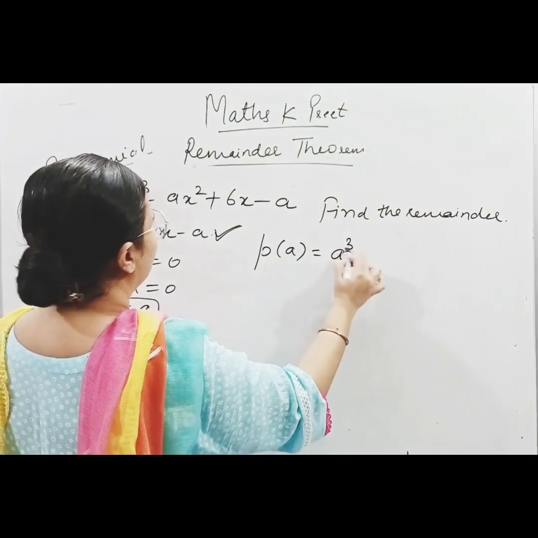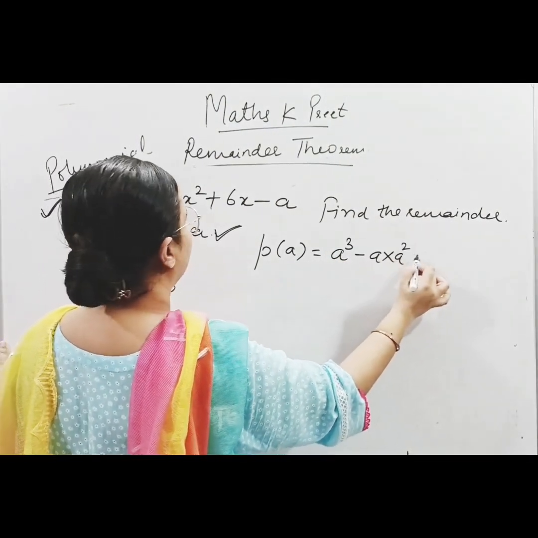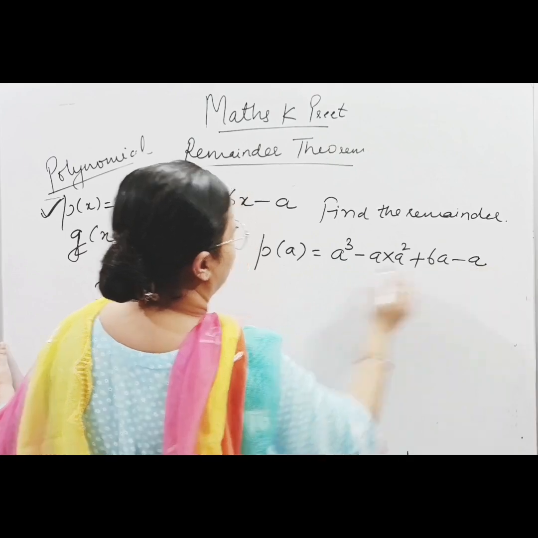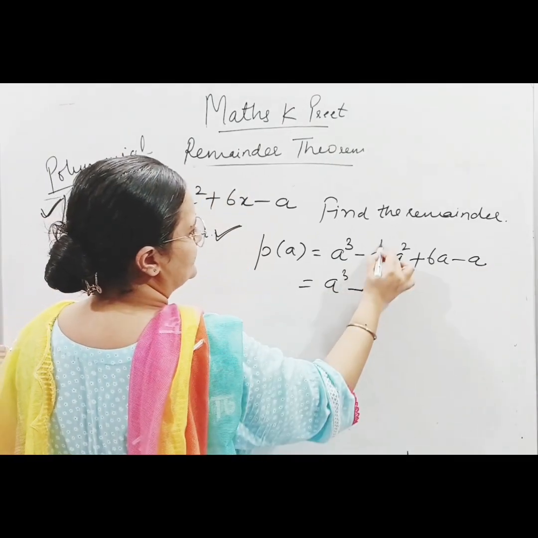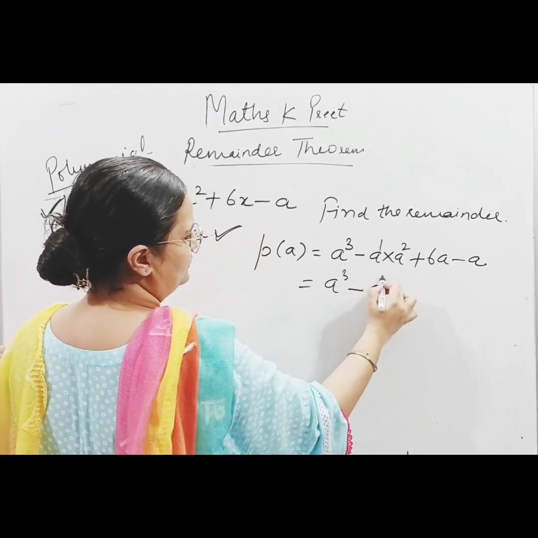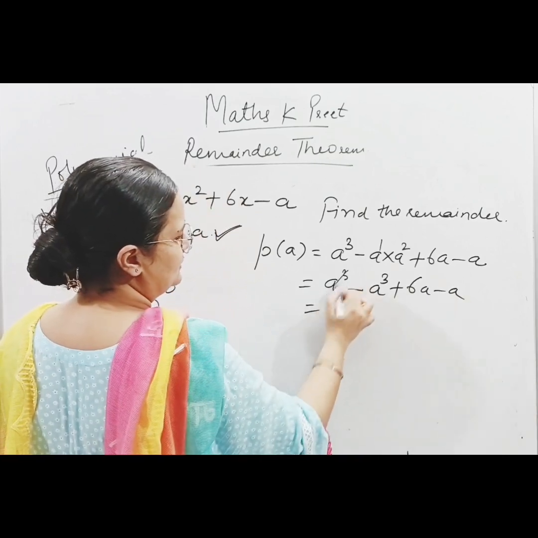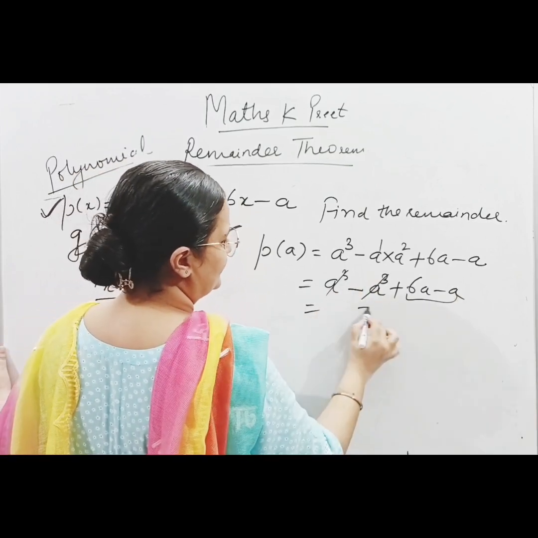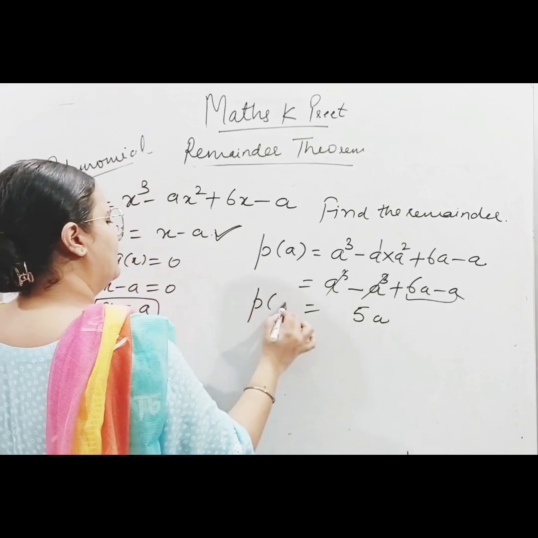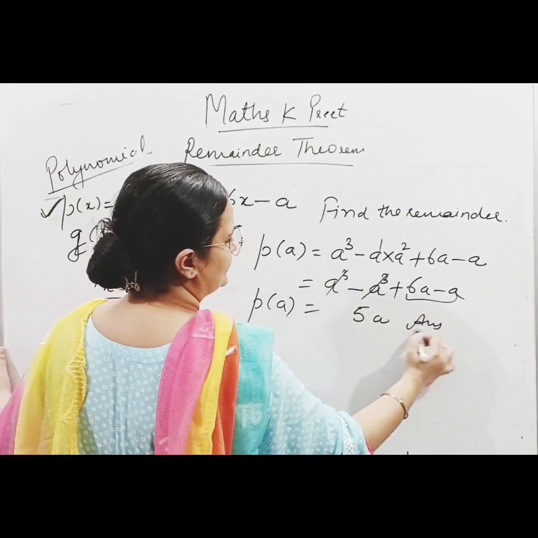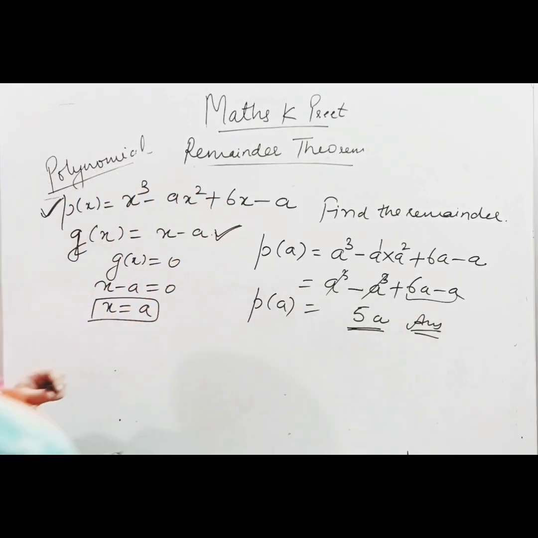So a cube minus a into a square plus 6a minus a. a cube minus a cube, since the bases are the same, the powers get added, 1 plus 2, and 6a minus a. So this is 0, we can cancel this out, and 6a minus a is 5a. So p(a) is equal to 5a, which is the value of the remainder here.